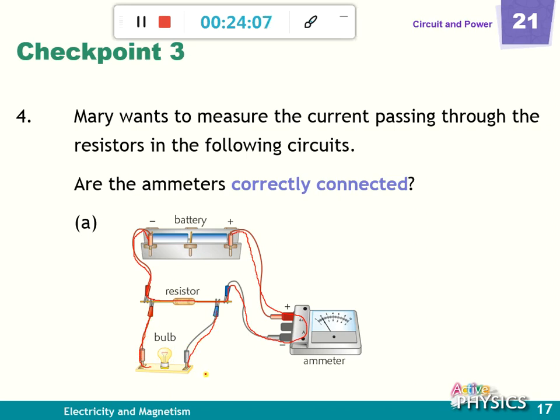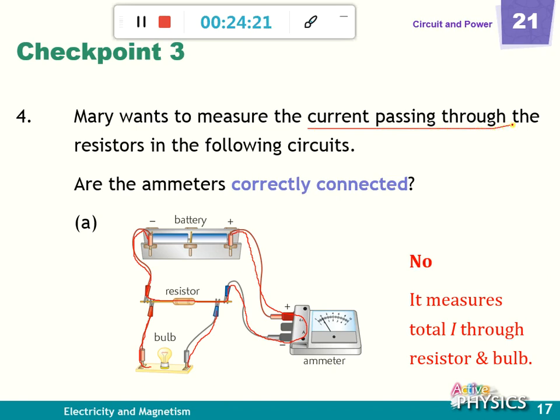But the answer is wrong. How do we know that? Because Mary wants to measure the current that passes through the resistor. But if you do it like this, what will happen? It will measure the total current generated by the battery, not the resistor.